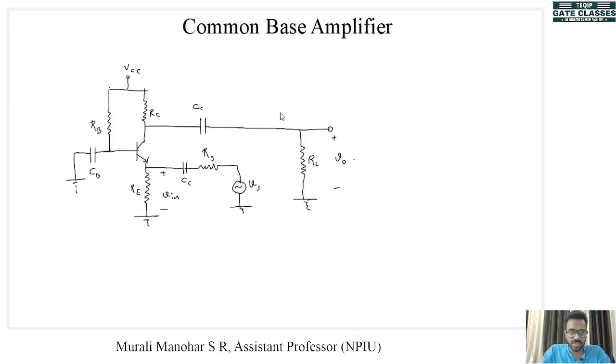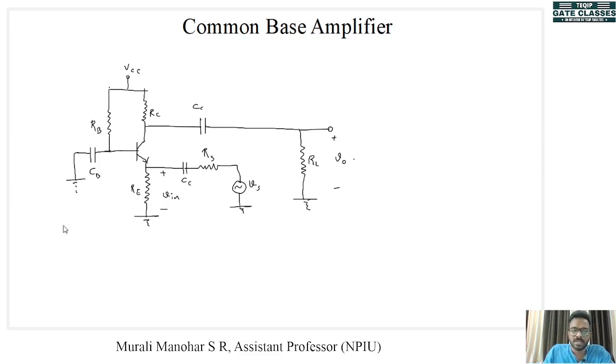So you know how to do DC analysis. We have already done DC analysis for these types of circuits. So we need DC analysis to find the operating points, and after that we'll do the AC analysis. Now you know that for low frequency and mid-band frequency, these capacitors will have a reactance equal to 0 or nearly 0.